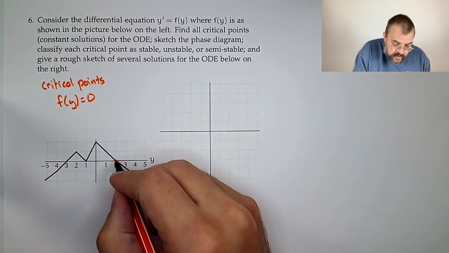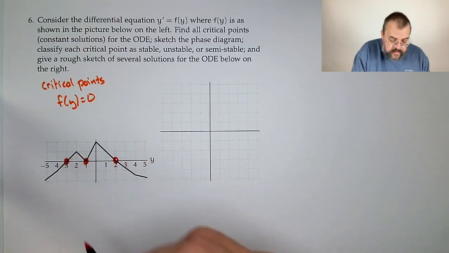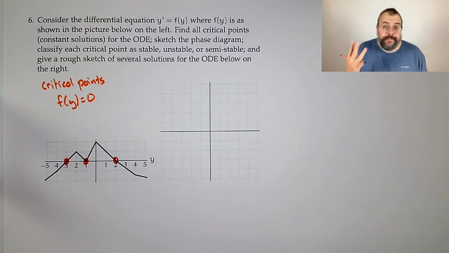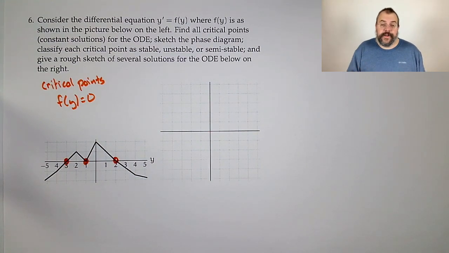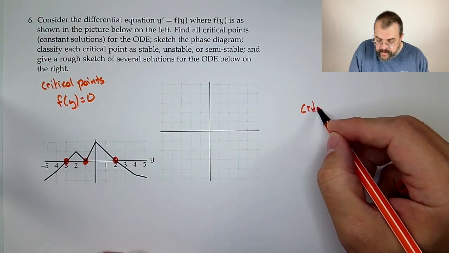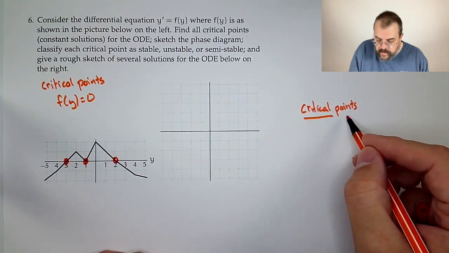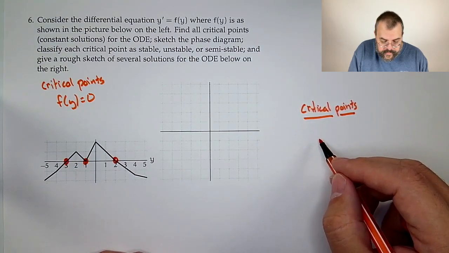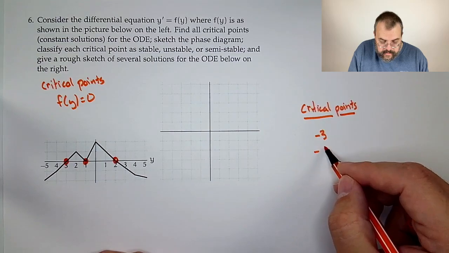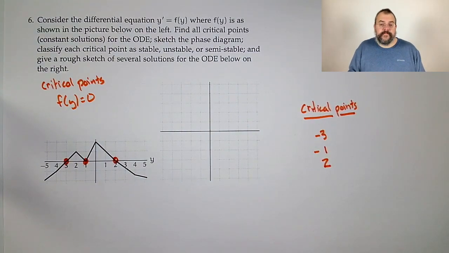So to be 0 says look for where you hit the axis. And we hit it at 3 points. So there are 3 critical points. All right. So our critical points, we can make a little note here, are going to be at, well, -3, -1, and 2.